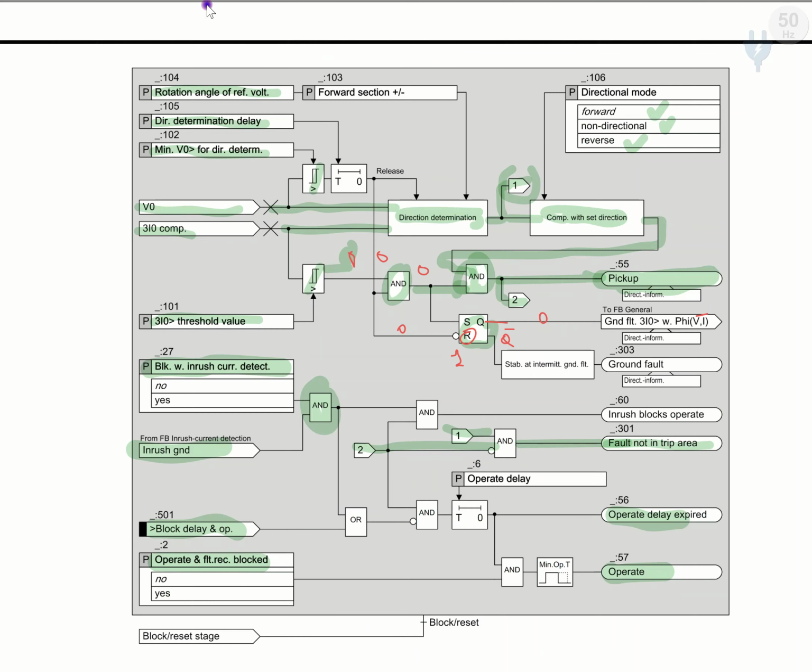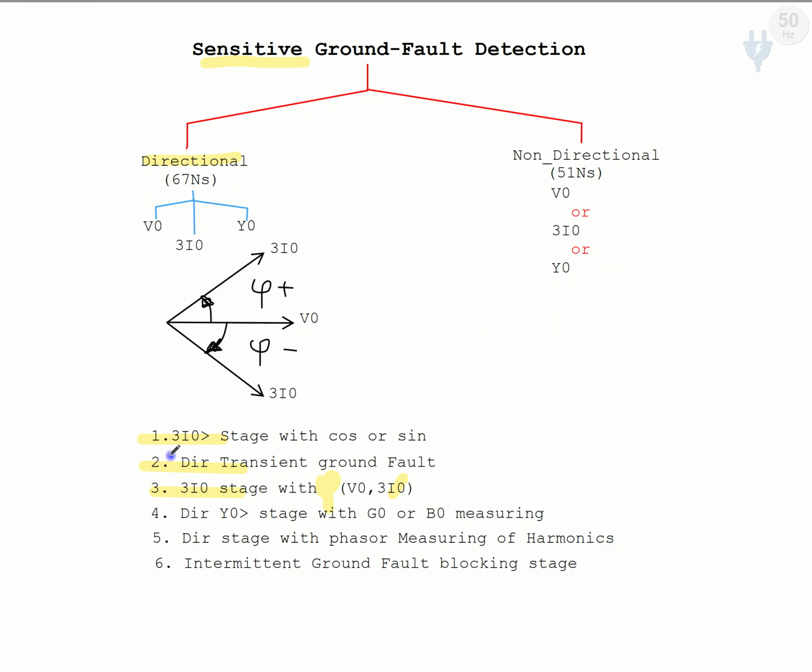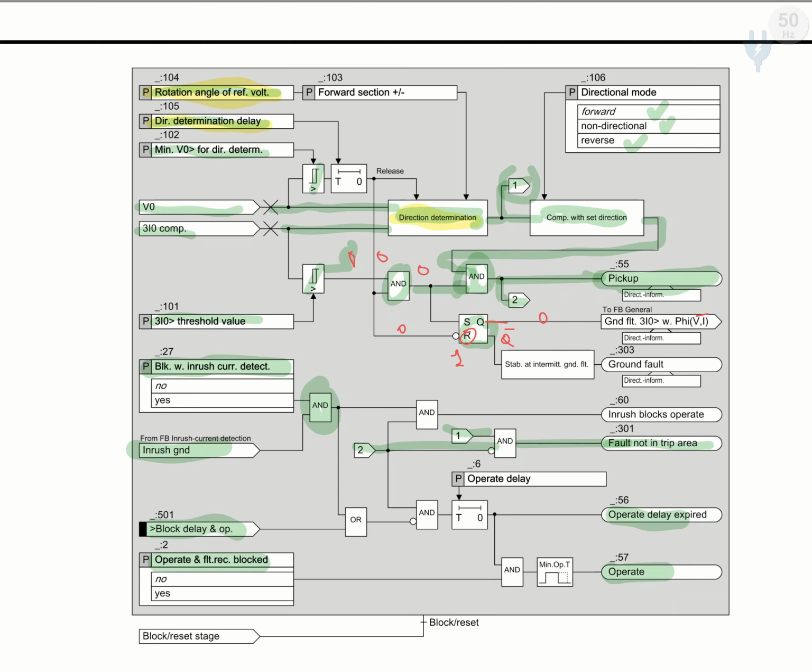In the first session, we discussed the functional diagram orally, and right now in this session, we are going to discuss the rotation angle and the direction determination method. To understand it better, let's look at the first method that we used.